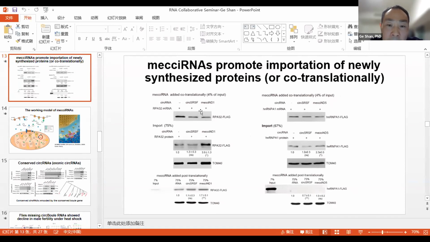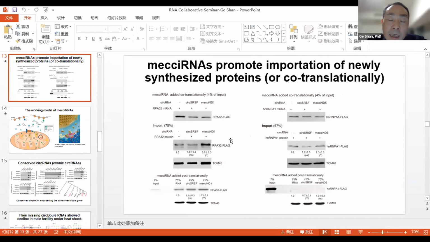The translation is actually inhibited a little bit. But if we look at the protein that gets exported, this is the mitochondrial level of the protein, we can see more protein gets exported into the mitochondria.